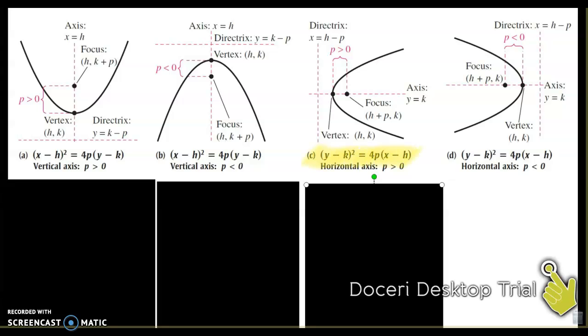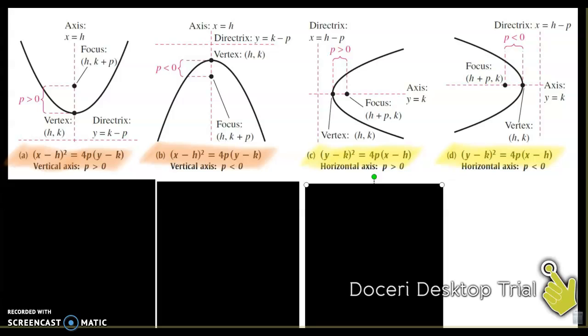Right here, okay? Notice how these have the y to the second power, and the ones on the left have the x to the second power, which are the ones we're used to. All right. So again, we can have parabolas opening to the left, to the right, up or down. It's just going to depend on where the square is in the equation that you're working on.